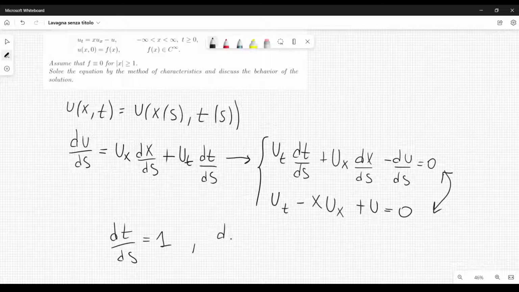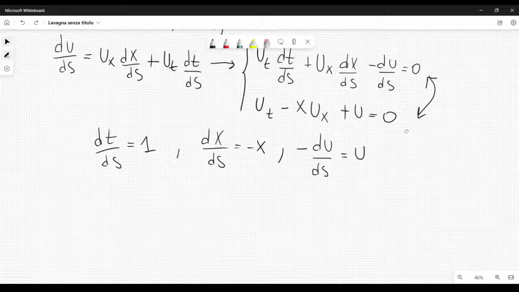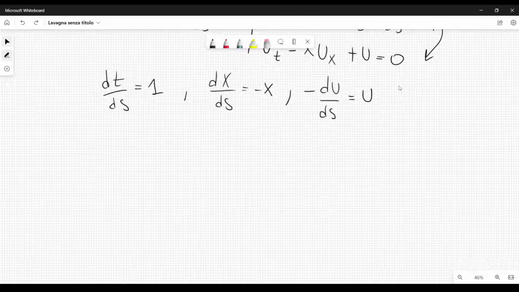We set dx over ds equal to minus x, as you can see, because we have minus x, which multiplies u_x. And then we set minus du over ds equal to u, because these must be equal if we want to solve exactly the starting equation. So let's try to solve these three equations. They are very easy to solve actually. By solving these equations, we will be able to solve the starting equation.